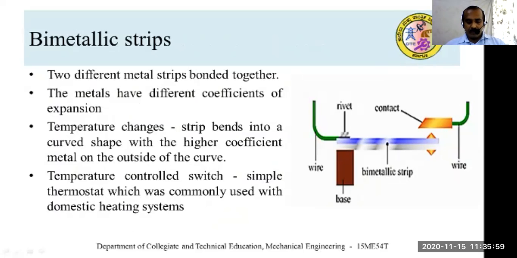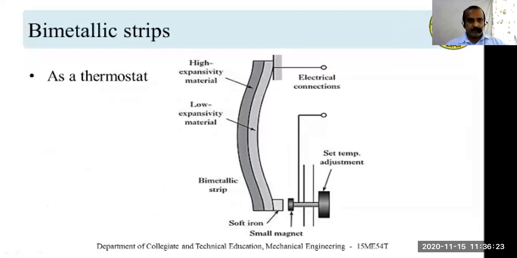Strip having higher coefficient of thermal expansion expands more. Strip having lower coefficient of thermal expansion expands less. This movement of the strip is used either to make a contact or break a contact. So bimetallic strip is used as a thermostat.